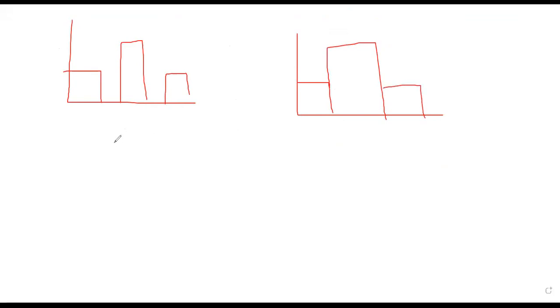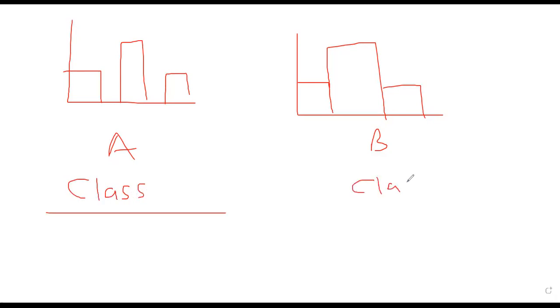Which one is a histogram and which one is a bar chart between A and B? B. B is a histogram and A is a bar chart. So you can also tell from the classes which one is a histogram and which one is a bar chart, depending on how the information is depicted.